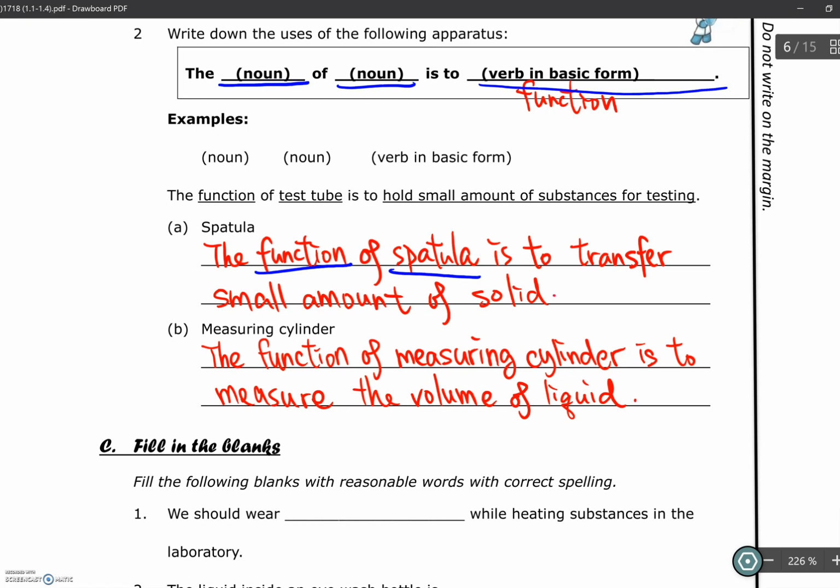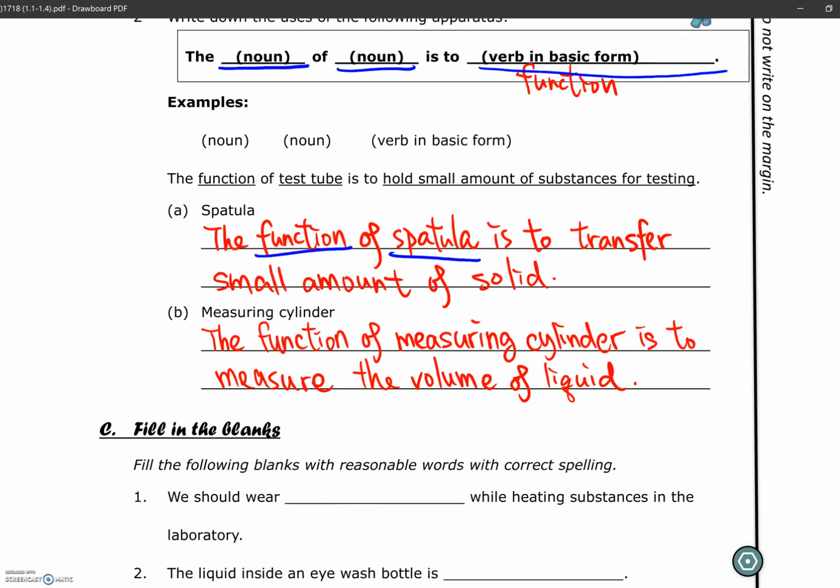So some of you say is to measure liquid. Remember, for liquid, there are many things you can measure: the height, the width, the shape, the weight. So you must tell me clearly what kind of parameter is measured by the measuring cylinder.